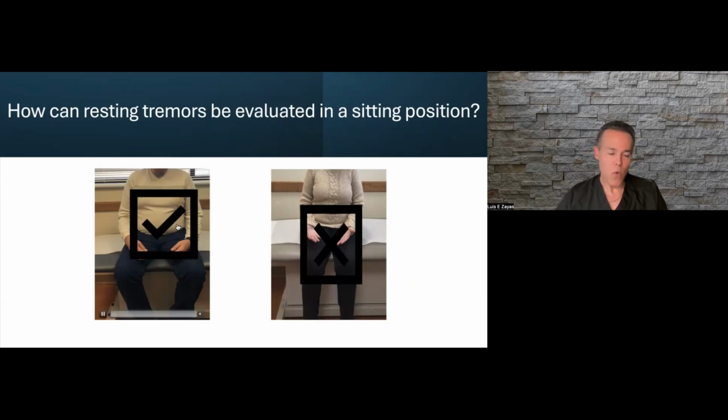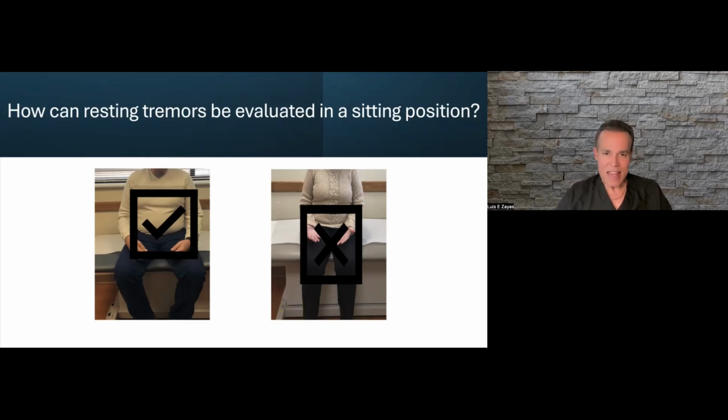Now, in some patients you cannot detect the resting tremor, not even by telling them to count backward. Sometimes what I do, if we are looking for Parkinsonian tremor, is to tell the patient to count backward from 100 by 2. So for example, 100, 98, 96, 94, and keep going, and you might see the resting tremor.